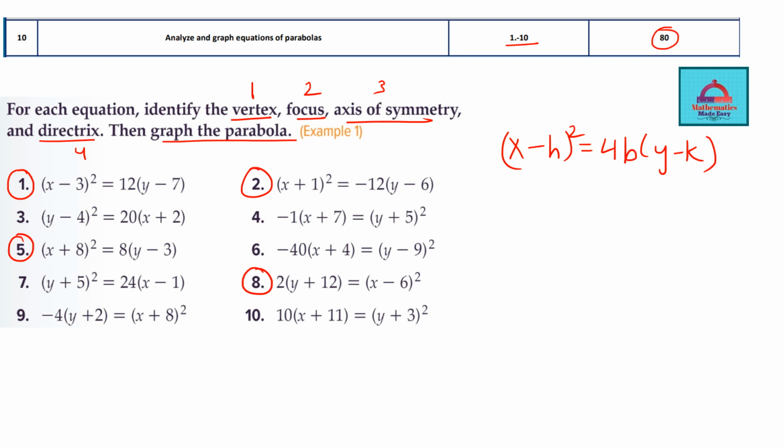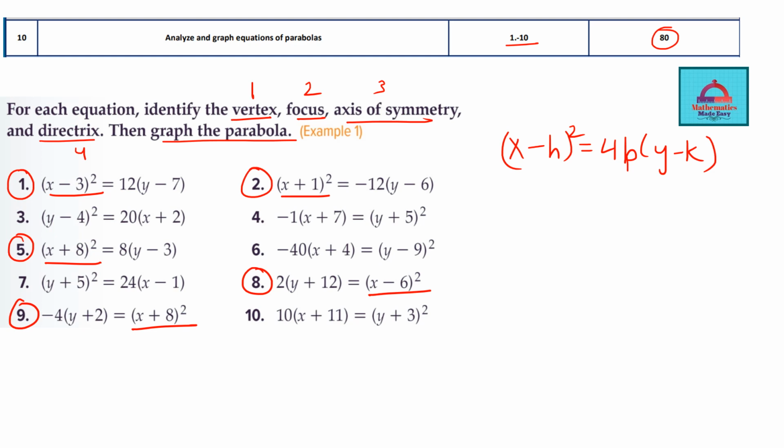So here, how do you identify? You have the square with the x term, and as you can see, there is square with x term, square with x term, square with x term. So all of these four equations that you see here, including this one, question 9, are going to be solved using this equation, and accordingly we will find the vertex, the focus, the axis of symmetry, and directrix.